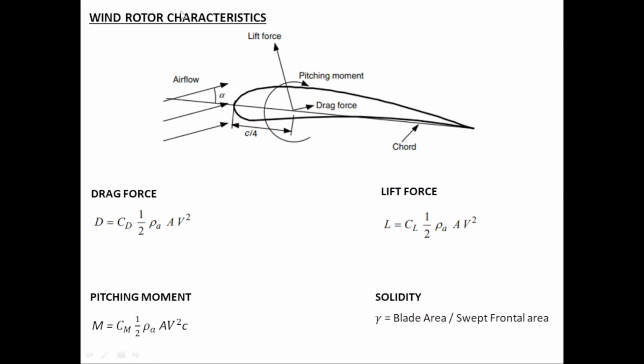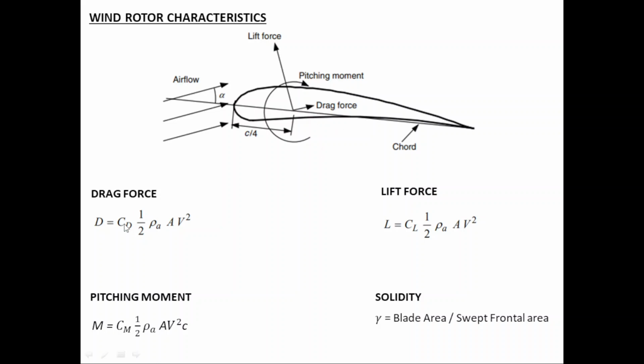If you see the direction of the airflow and the drag force, they are both parallel to each other. So in the case of the drag force, the direction of the force will be parallel to the direction of the airflow, and the major reason why this drag force arises is because of the viscous force on the surface of the blade and the unequal pressure differences between the surfaces.